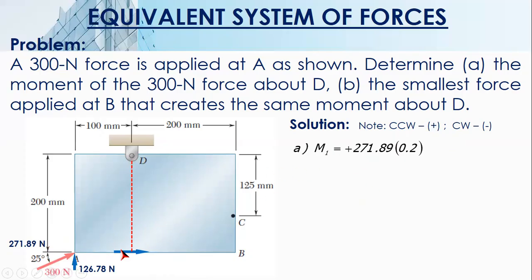Ang M1 na to is force 271.89, distance 200 millimeters or 0.2 meters. Ang unit nila yon is Newton meter na. Newton man, tapos meter nila. Kana positive kay counterclockwise ni, oh. Ang direction mo rotate sa D ba? So ang movement ani is paano siya?